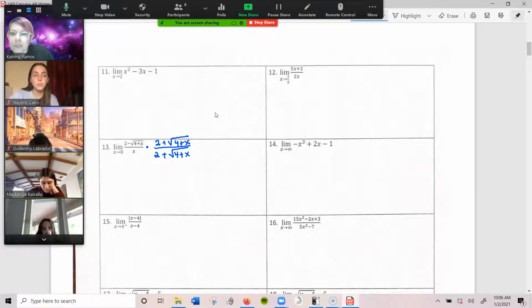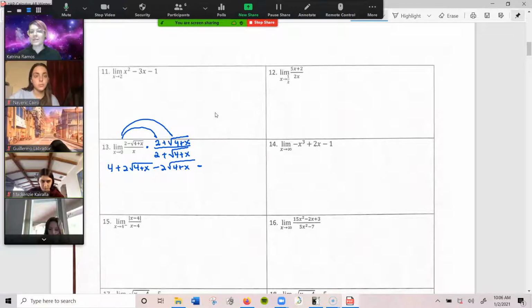So when we multiply, you're going to distribute the numerator, which would give you 4 plus 2 square root of 4 plus x, minus 2 square root of 4 plus x, and then minus the square root of 4 plus x squared.